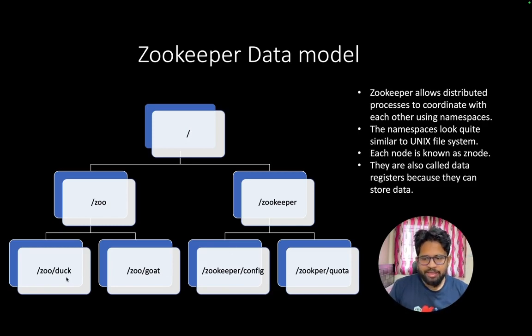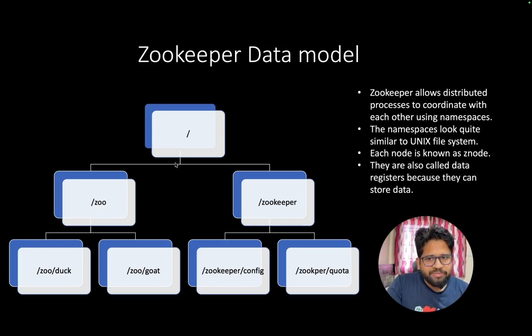And then you can keep on creating the subfolders, etc. And these folders are called nodes. So this is the root node, this is the left child, this is the right child, exactly like a tree. However, here you can have multiple children at each of the levels. And all of these nodes can store data and they have some properties. This is how the overall structure of the data model looks.